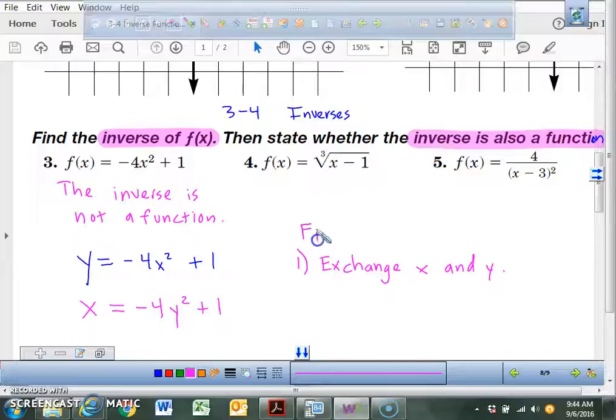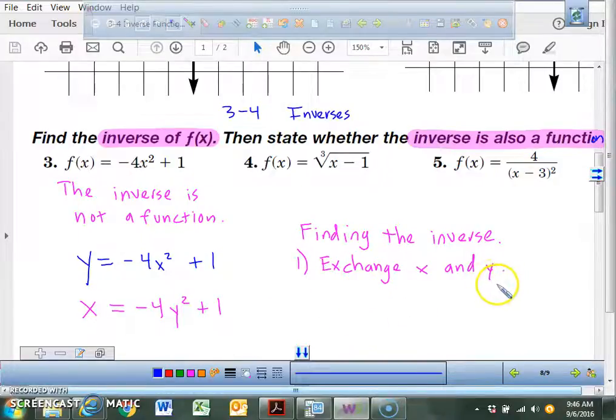Right here are instructions for finding the inverse if you are dealing with terms of x and y. Whatever answer we get will be the inverse of our original function.